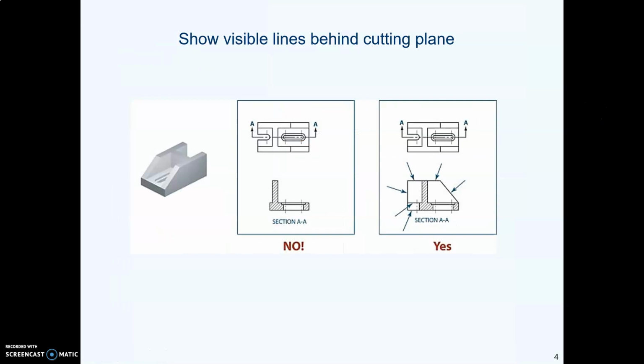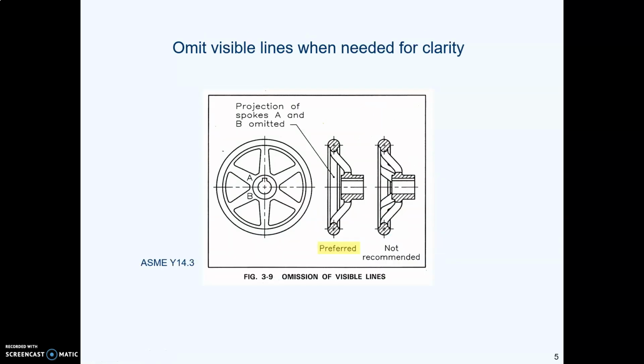And when we cut a section, we show the edges that would be visible beyond where we made the section cut. So not just empty space, but we actually show what would be visible. Within reason. And ASME sometimes uses the one layer back sort of idea to help us think about what is reasonable.